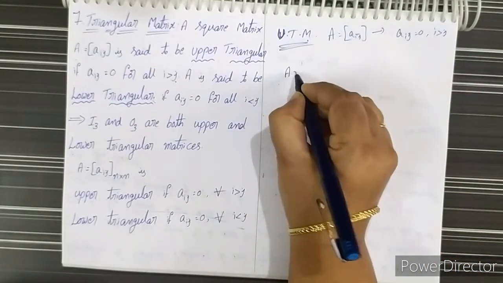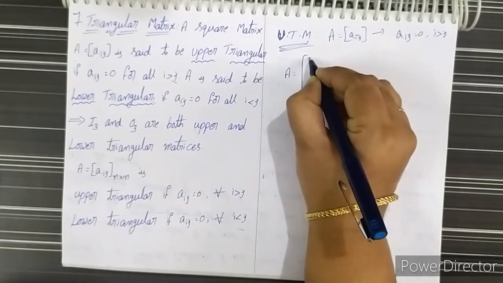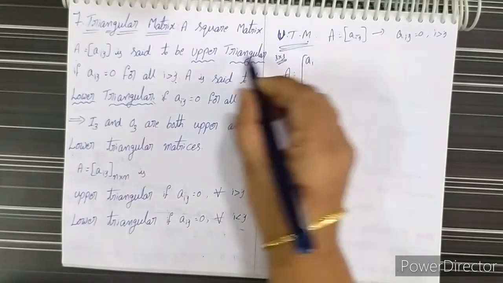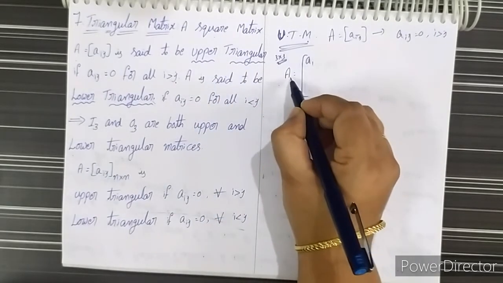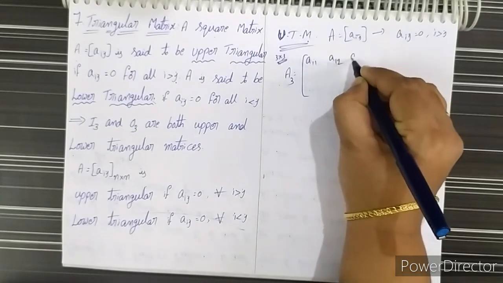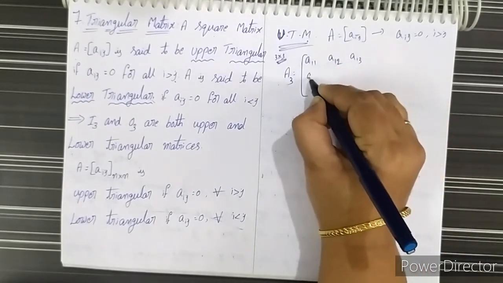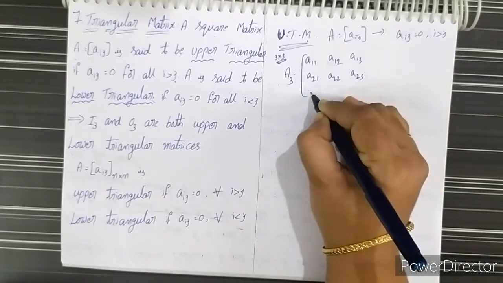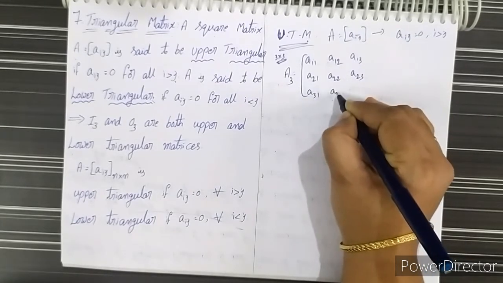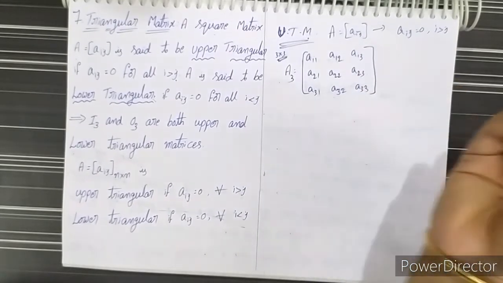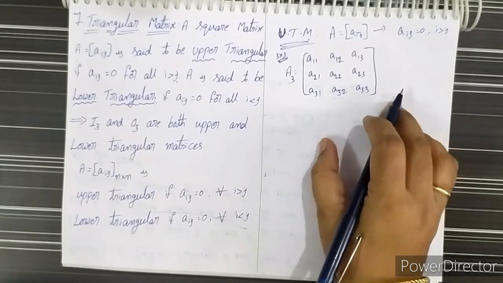For example, A equal to, we have the order 3 by 3. Square matrix of order 3, we can take a11, a12, a13, a21, a22, a23 and a31, a32, a33. This is a general form of a matrix.